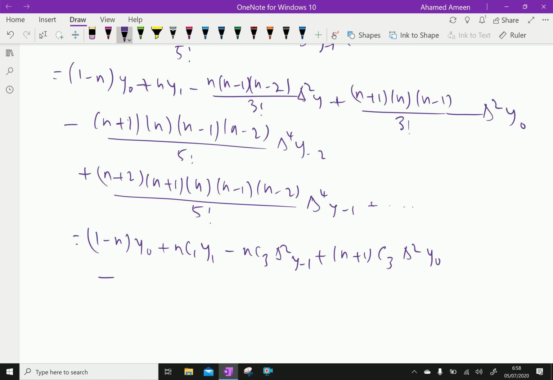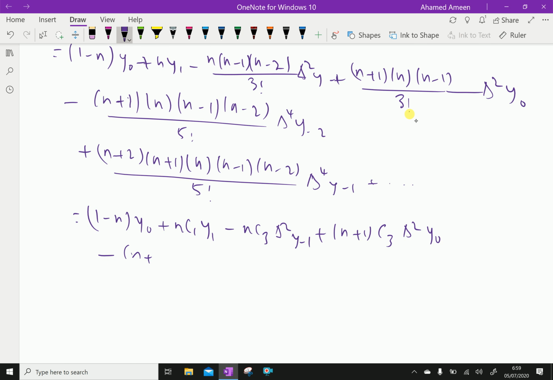The next term is minus n plus 1 C5 delta power 4 y of minus 2. Then the next term we can write n plus 2 C5 delta power 4 y of minus 1. Like the terms are continuing.